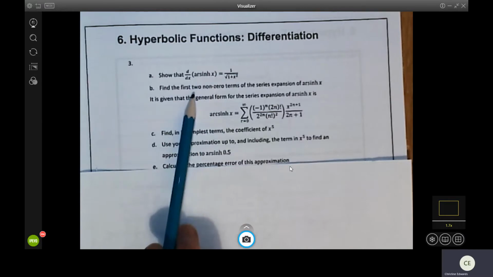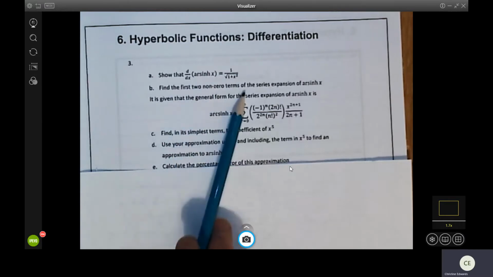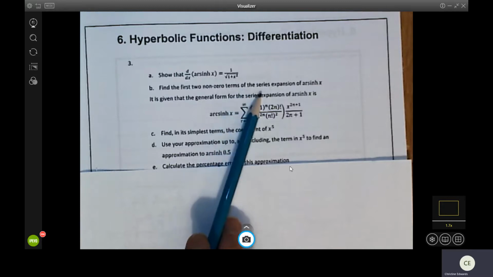We're then asked to go on to produce the series expansion. Now, as we haven't got a nice set of series expansions already completed for hyperbolics, we'll be using Maclaurin's here. So the question will help us revise our Maclaurin's series.